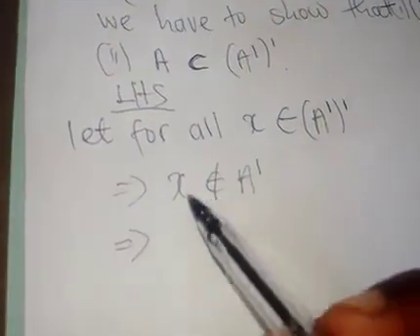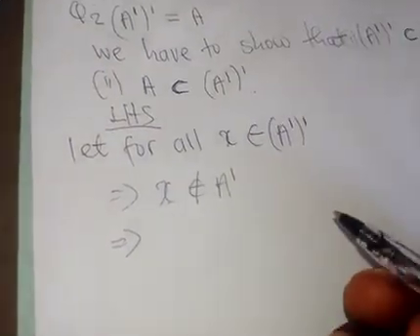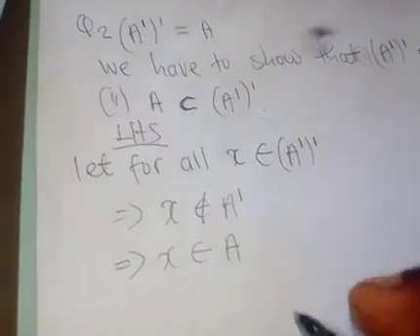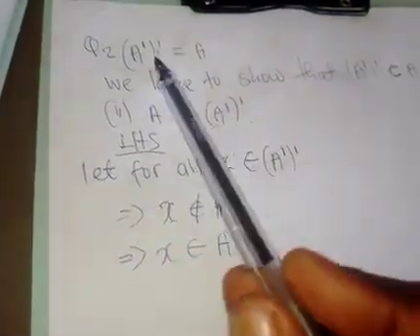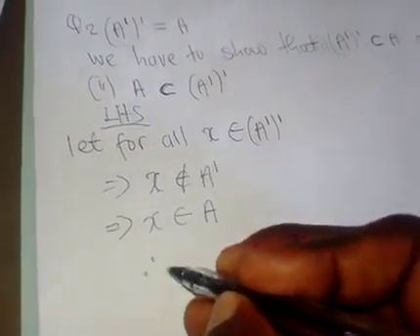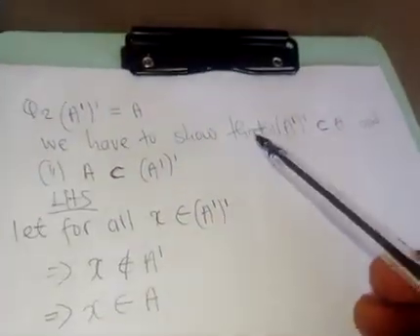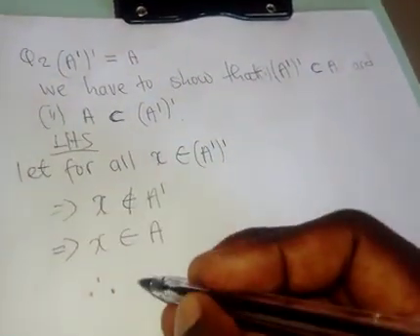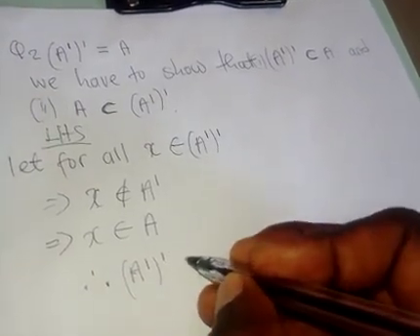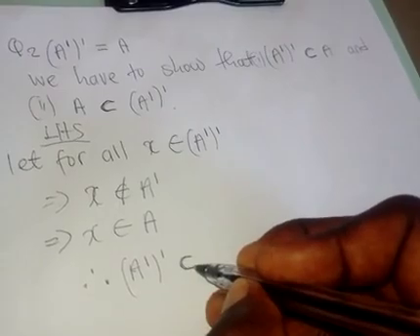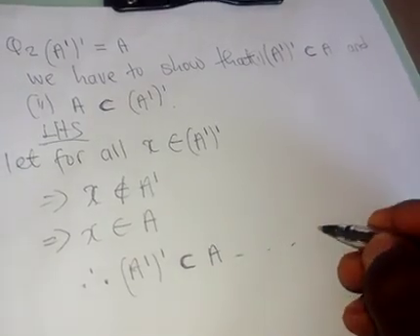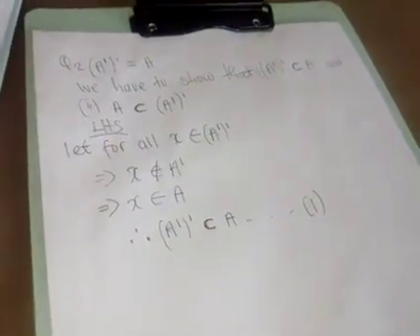Then if x is not a member of A complement, this will mean x is a member of A. So we have moved from left to right. Therefore, we have simply shown the first statement: (A complement) complement is a subset of A. That's how you do it.